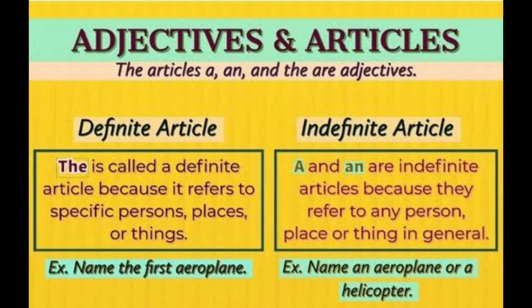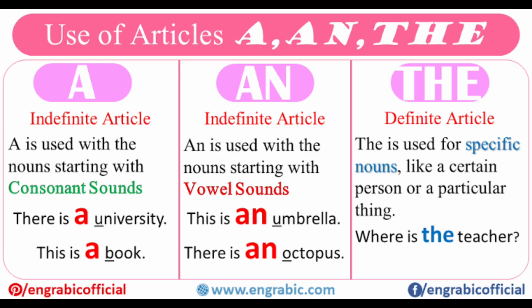There are 3 articles in English. 1. Definite article, the. 2. Indefinite articles, a, an. 1. Definite article, the. The definite article, the, is used to refer to a specific noun that is already known to the speaker and the listener or is uniquely identifiable.